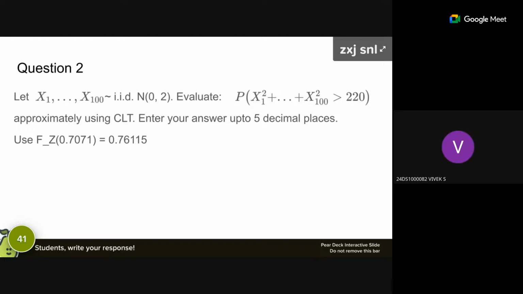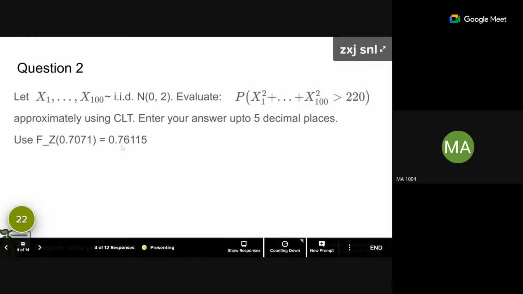But usually we'll get more than one value. We'll have multiple values. No, no multiple values. We will get this value only, right? Yes, there will be a unique value only. Normal tables are different and not all very accurate.